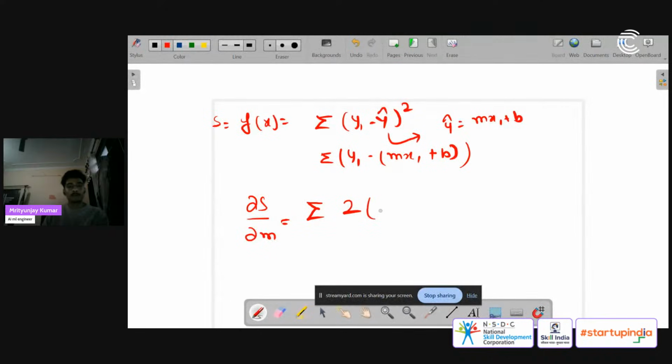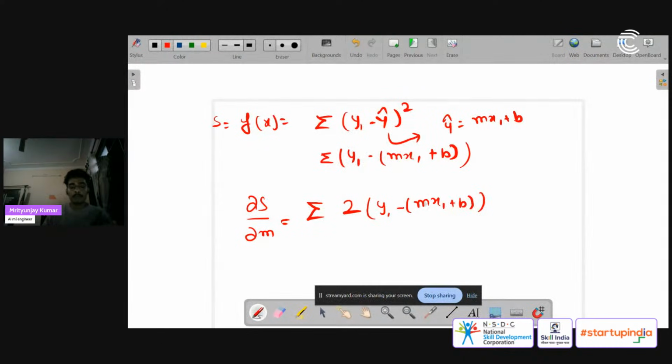Firstly we write yi minus (m xi plus b), and again we differentiate with respect to m, because we have to find the minimum value of m. Firstly, we are going to find the slope value with respect to m, then we are going to find the slope value with respect to b, the intercept.